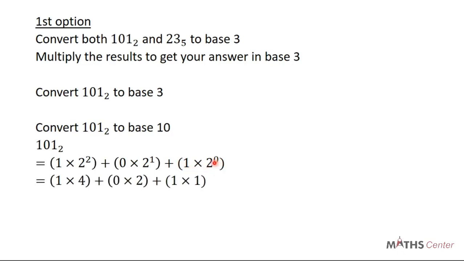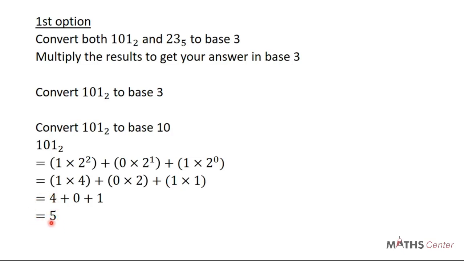We have done a lot of these conversions, so I assume that you are conversant with it by now. We have 1 times 4 plus 0 times 2 plus 1 times 1, which gives us 4 plus 0 plus 1, and that is 5. So 101 base 2 in base 10 is 5.